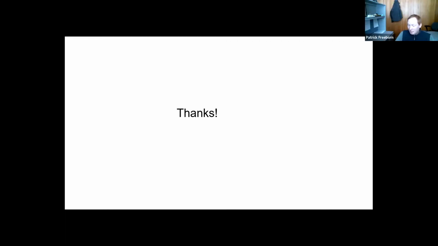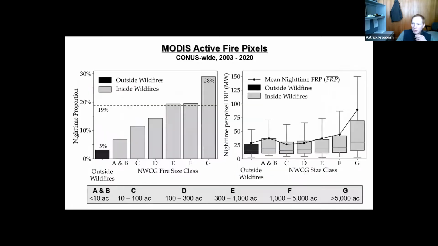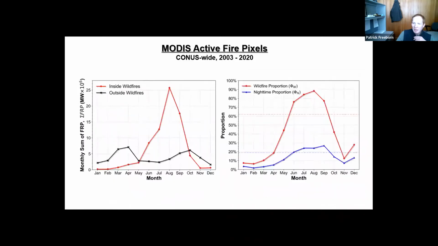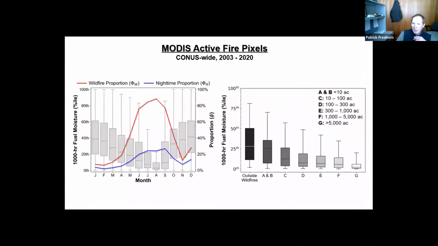Not in real time. I don't think this work has any bearing on any real-time decisions that are being made. But like I said, I work a lot with Matt Jolly, and he kind of oversees the National Fire Danger Rating System. And if anybody's familiar with that out there, there are breakpoints and thresholds that you need to identify when you're writing up a fire danger rating operating plan.